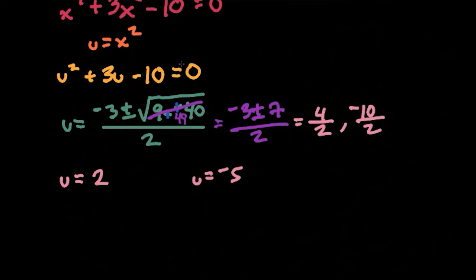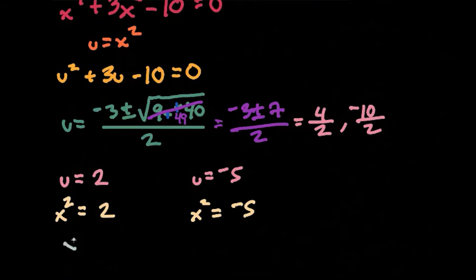Okay, but we need to solve this in terms of x, so I'm going to substitute the x squared in for u, and you get x squared equals 2 and x squared equals -5.